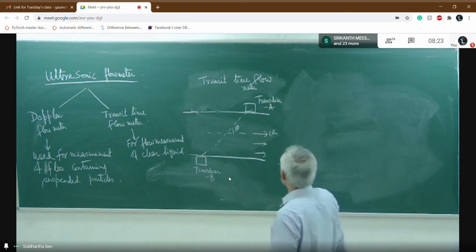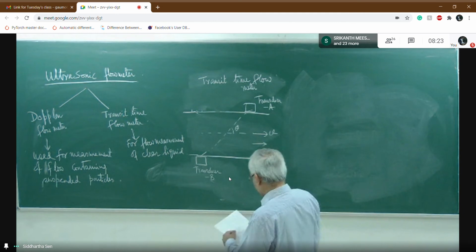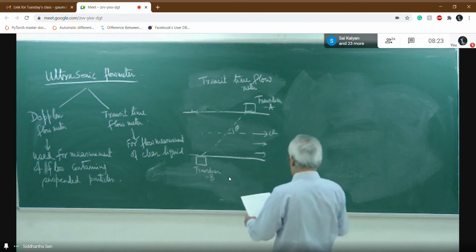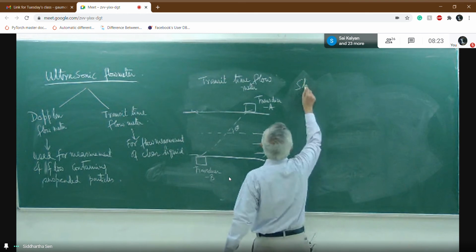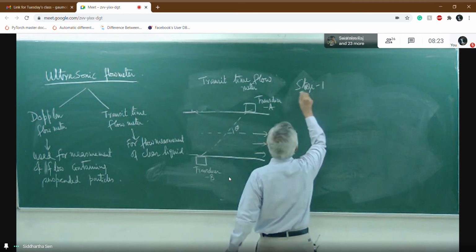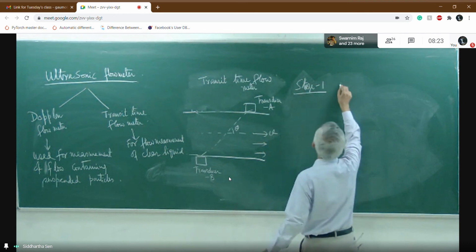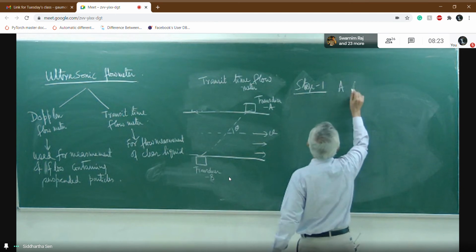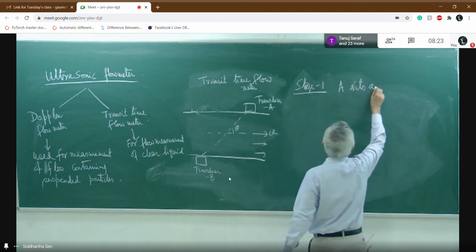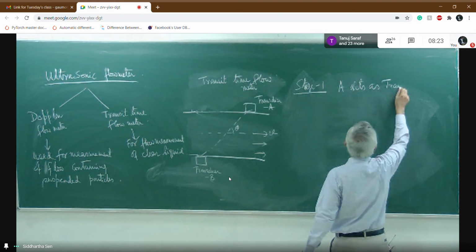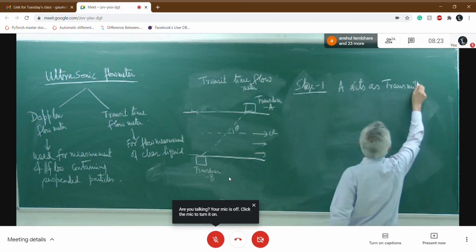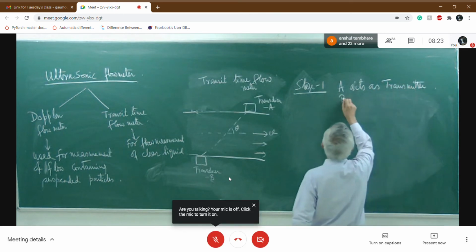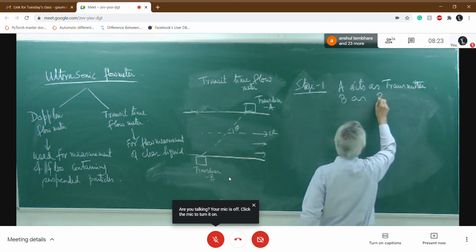So we can say that in stage 1, A acts as transmitter and B as receiver.